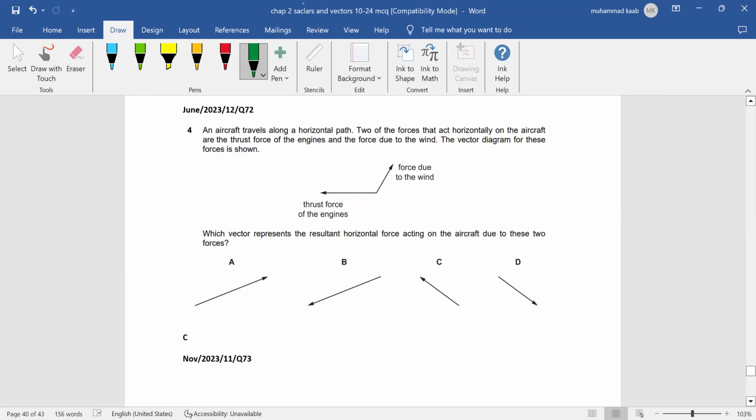Okay, कैंडी ब्रो आपकी बारी है, आ जाओ। An aircraft travels along the horizontal path. Two of the forces that act horizontal on the aircraft are the thrust force of the engine and the force due to the wind. The vector diagram of these forces are shown. Which vector represents the resultant horizontal force acting on the aircraft due to the two forces?